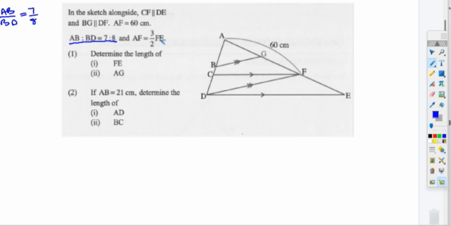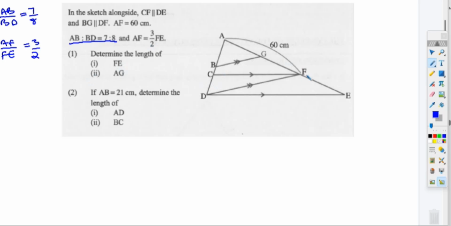And then this one, divide both sides by FE, you are going to have AF over FE is equal to 3 over 2. All right. Now let's use that to determine the length of these given lines.